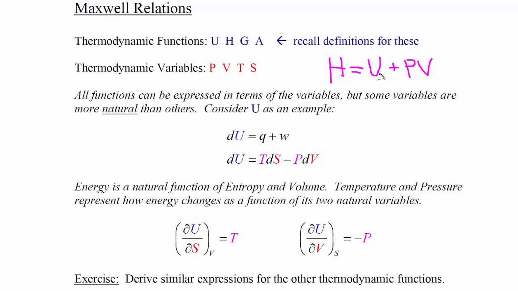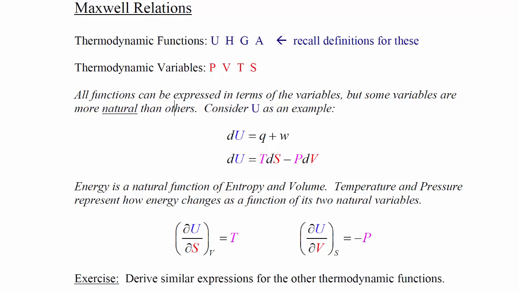And making some substitutions, see if you can derive a relationship that only involves two variables in the end. So pause the video, see if you can derive that, and come back and check out the answer.